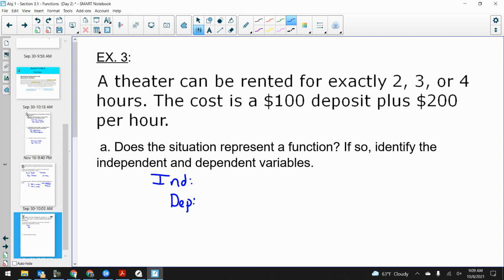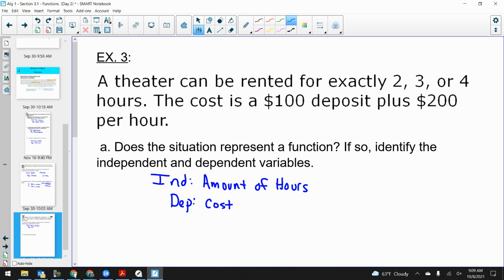Good. If I change the amount of hours, what's that going to cause to change? The total cost. Total cost is my dependent variable.